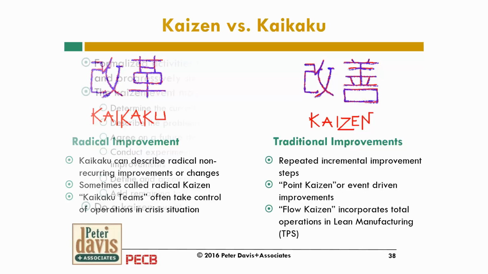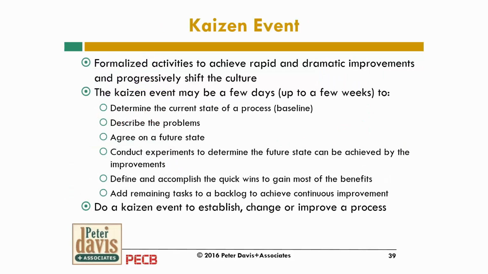So we do a Kaizen event, which is just a formalized activity to achieve rapid and dramatic improvement in the organization. It's typically a few days, sometimes up to a few weeks, but we try to keep it a simple process with a limited number of people.